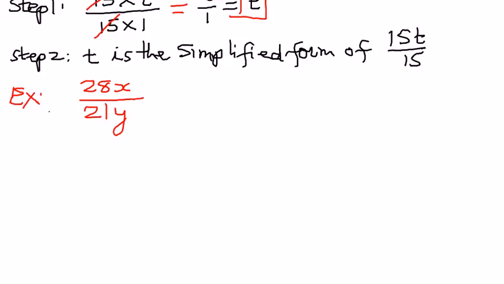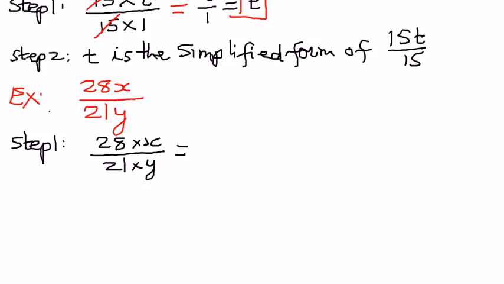So, as step number 1, we're going to factor the numerator and factor the denominator. As a first step, we have 28 times x divided by 21 times y.